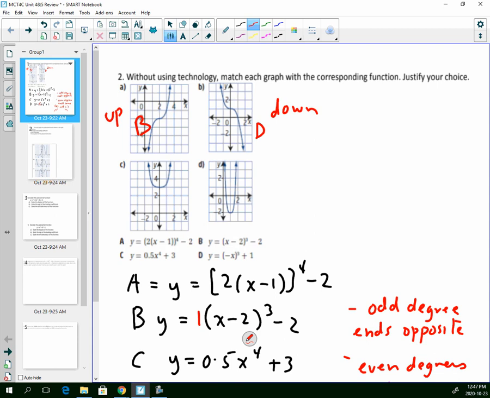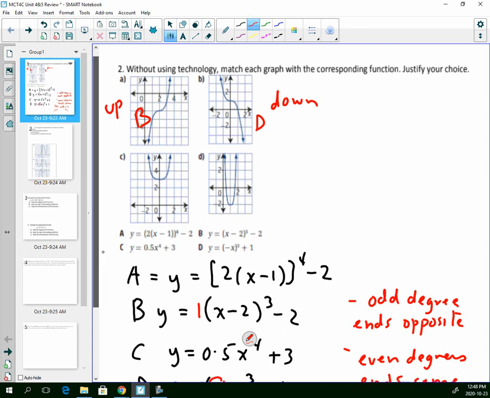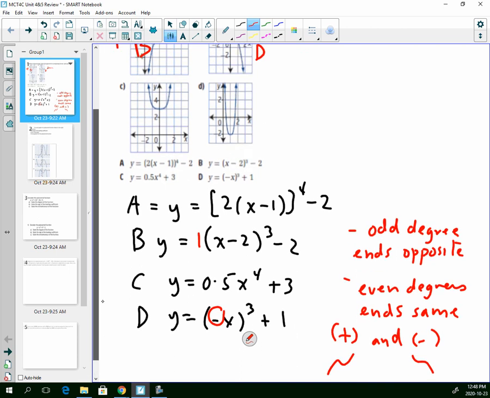If it is power 4, which is an even degree, then I'm looking at positive or negative leading coefficients. Well, C and D graphs both are going up. So they both have a positive leading coefficient, and they both are even degrees. So then I might say, okay, let's find a point.